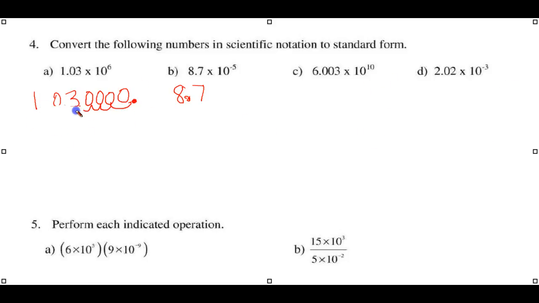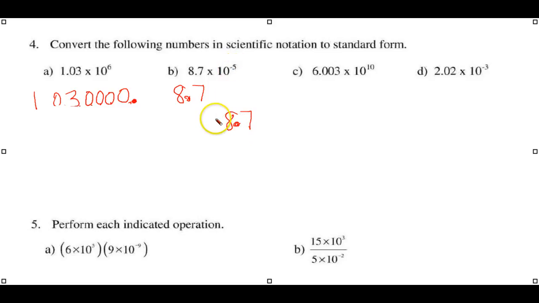And I can erase all this. It looks better. So how about this one? Now this is a negative 5. So actually I should write it over here, because I have to add zeros to the left. So I'm making it a small number, and I need 5 decimal places to move it to.